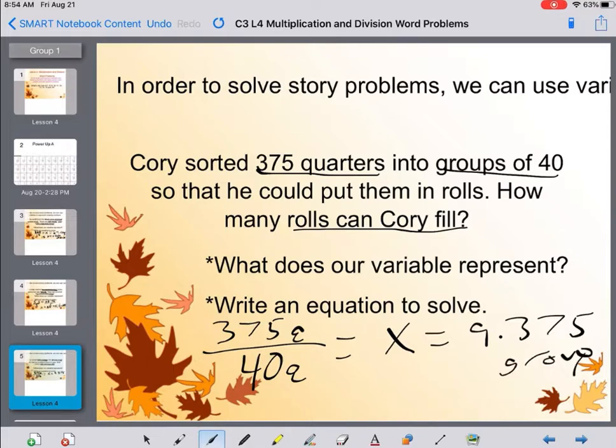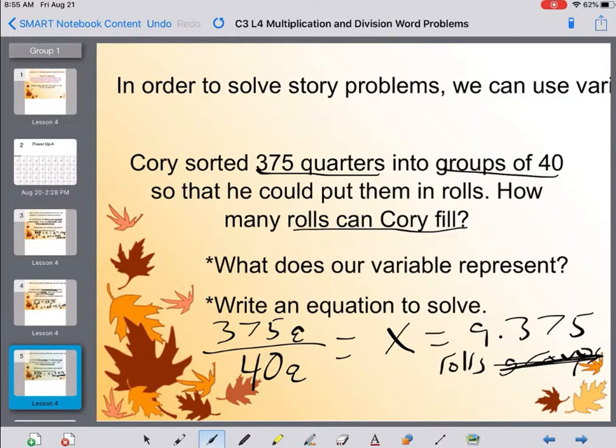However, let's look at this situation. When we think about the rolls, they come in integers, or counting numbers, the natural numbers: 1, 2, 3, 4, 5, 6, 7, 8, 9, 10. So we can't have 9.375 rolls. Pardon me, this is going to be rolls here. We can't have 9.375 rolls, so we have to round up because we had some extra quarters.